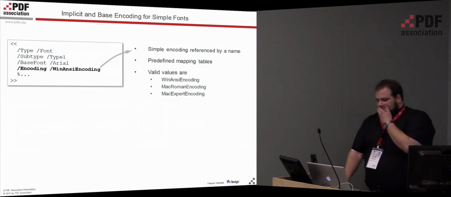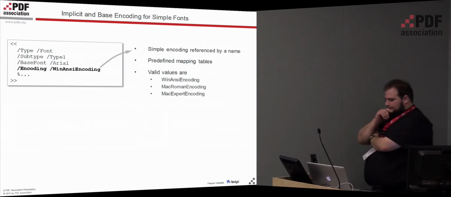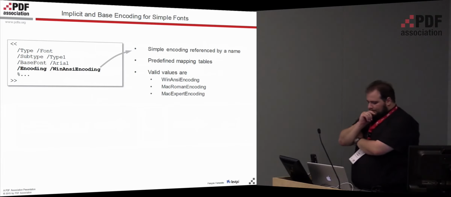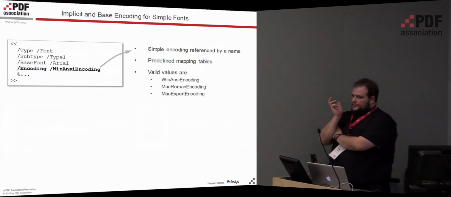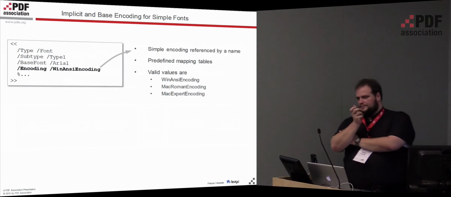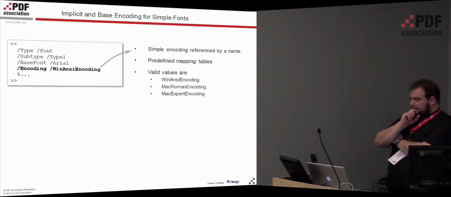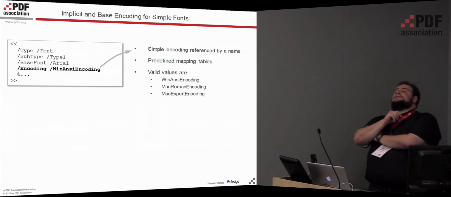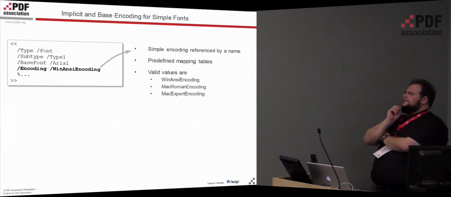So, implicit and base encoding: we have encoding types which are specified by the specification itself. For example, ANSI encoding is basically code page 1252, 1250? I don't know.